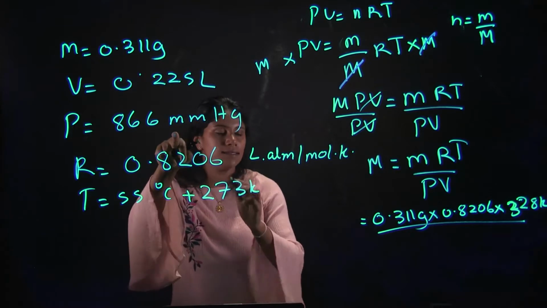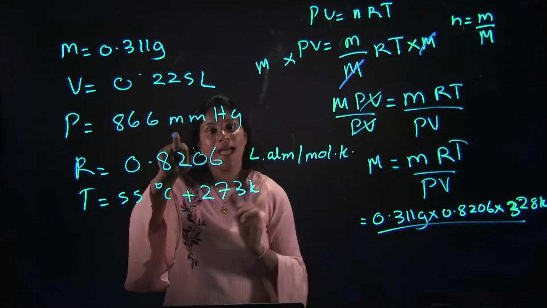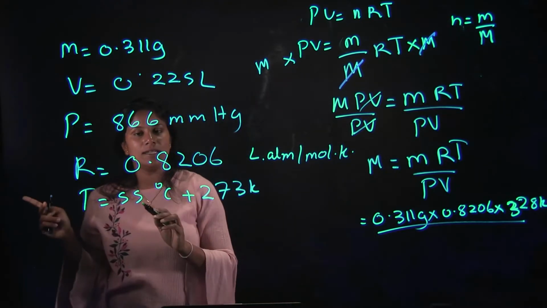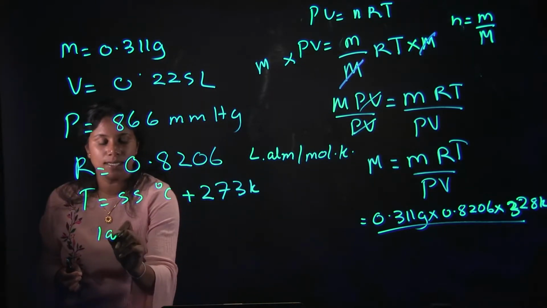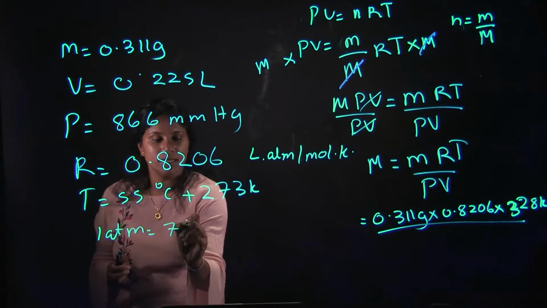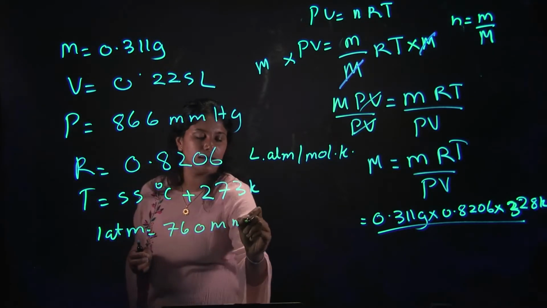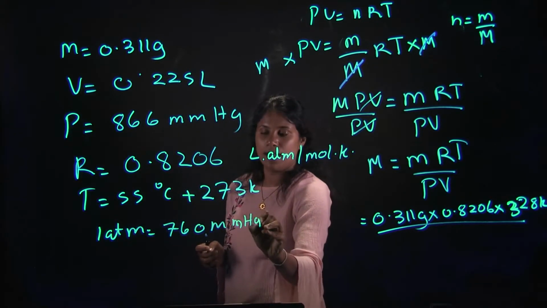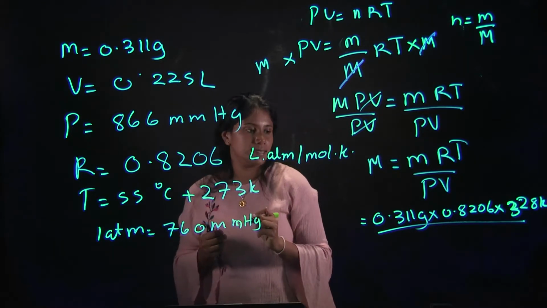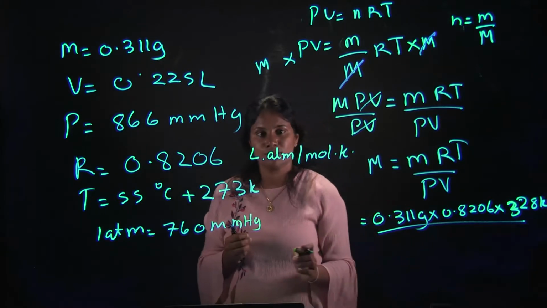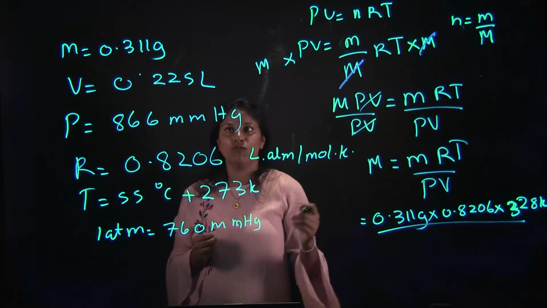Can you use this 866 with this R? No, you have to convert millimeters mercury to atmospheric pressure. How do you do it? Remember, 1 atm equals 760 millimeters mercury. So you take 866 and divide by 760, and then substitute it into this equation.